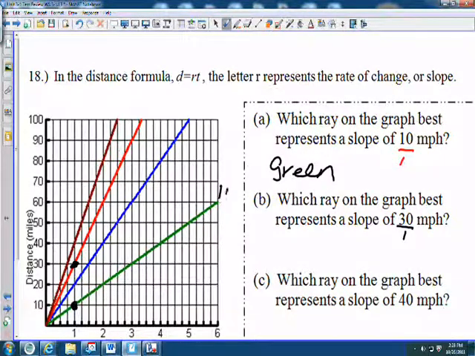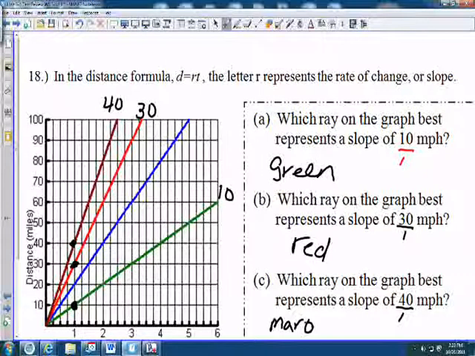So this is 10, and this one is 30. For mine, you see mine is labeled in colors. The next one says a slope of 40, 40 over 1. So I'm going to go up 40 and over 1. There's the 40 right there. Okay. Next.